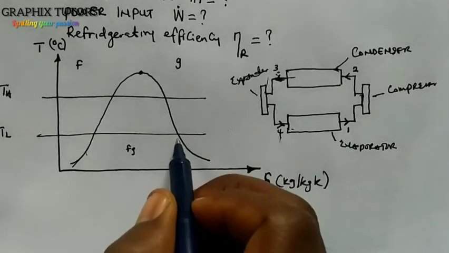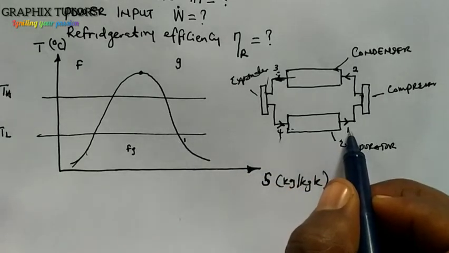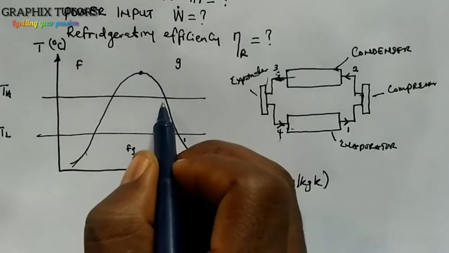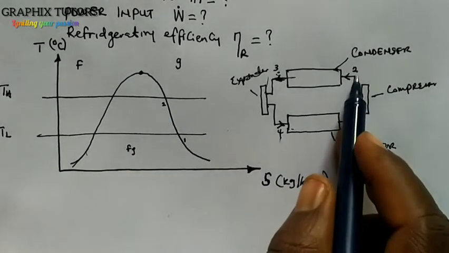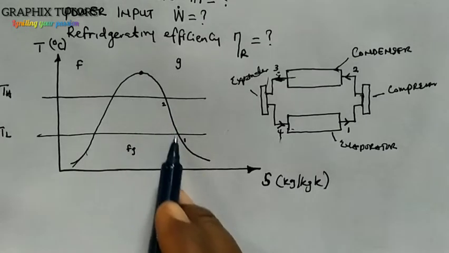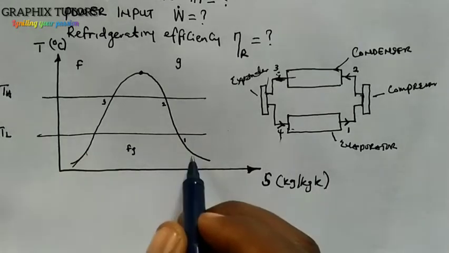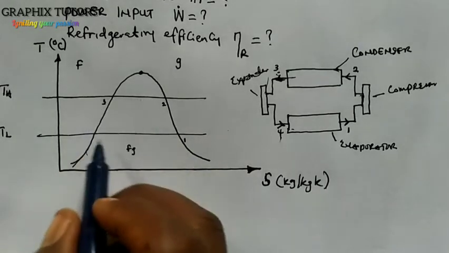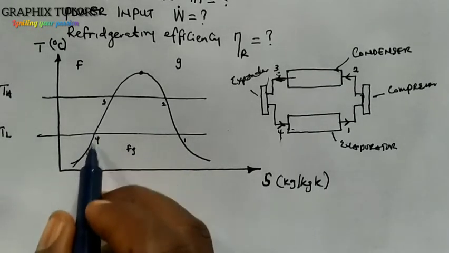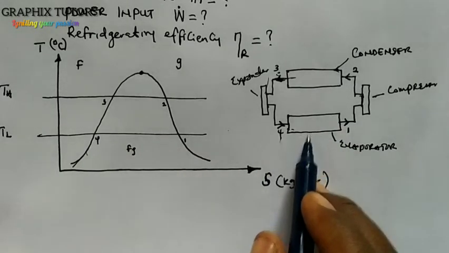Now, if you look at this point here, it is 1, which is equivalent to the entry point of the compressor. This point here is 2, which is equivalent to what? The entry of the condenser, which is also the exit of the what? Compressor. Here is 3, which is the exit of the condenser, and we have 4, which is the exit of the expander, which is also the entry of what? The evaporator.